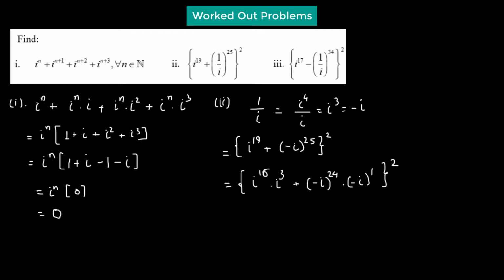Now i^16 is going to be 1, so we have 1 multiplied by i cubed, and i cubed is equal to -i.